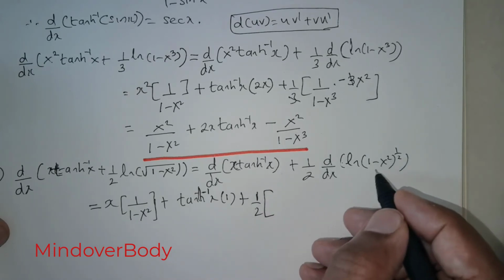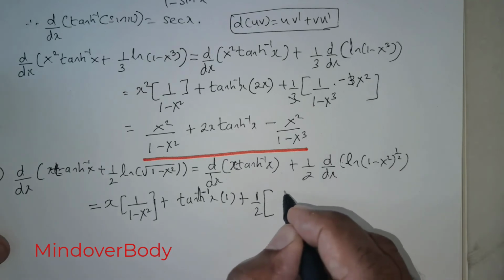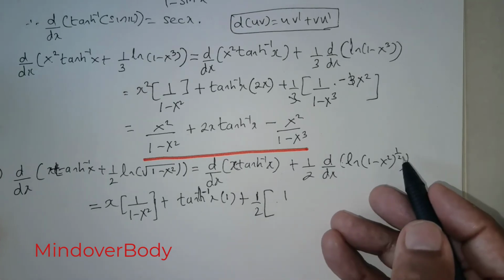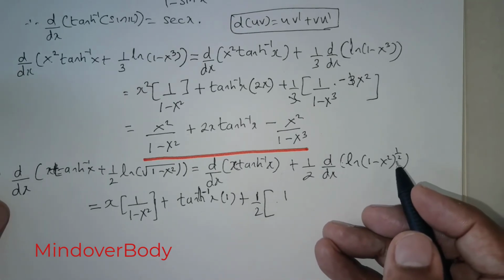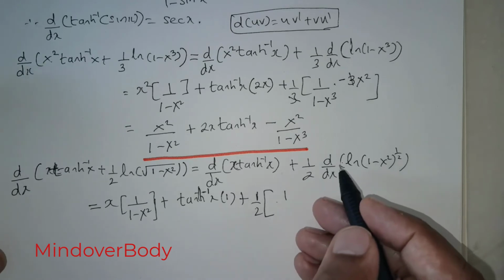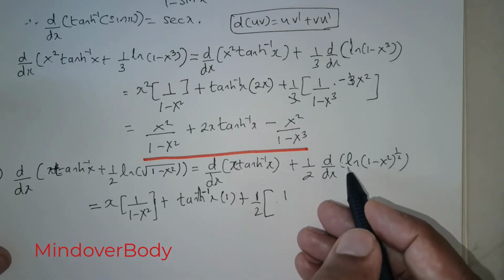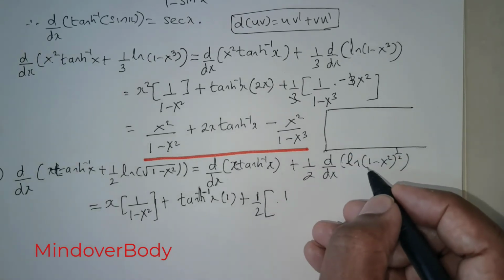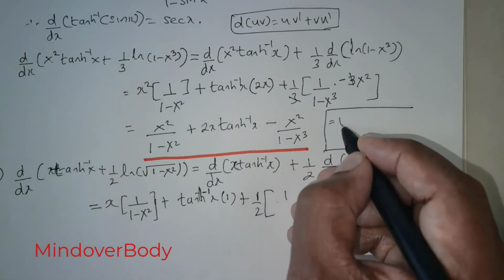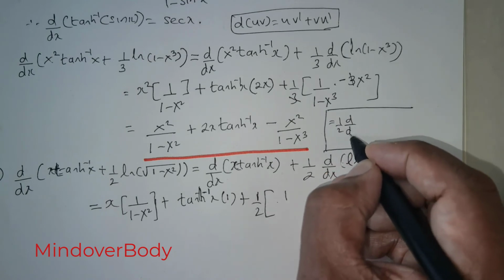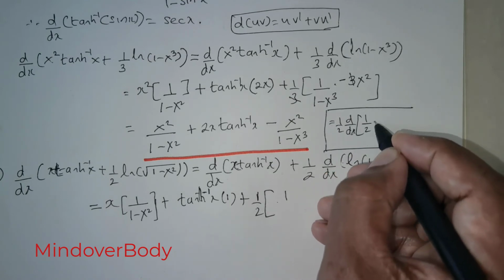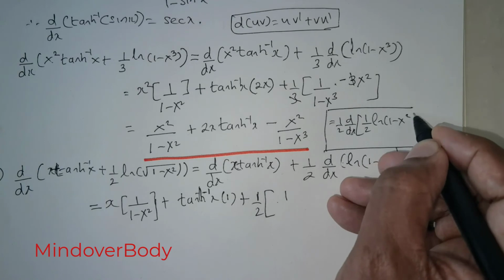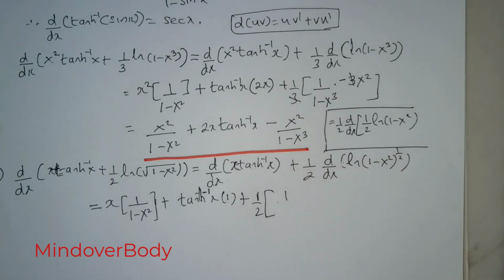If you want, you can actually bring this 1 over 2 to the forefront. What I'm just trying to show you here is this can be rewritten as 1 over 2 times d over dx of ln of 1 minus x squared.